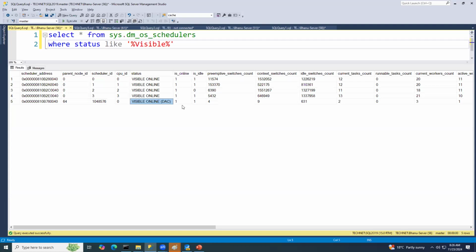We will take one of the sessions and see how to connect using the DAC if there is a complete hang. It is possible.